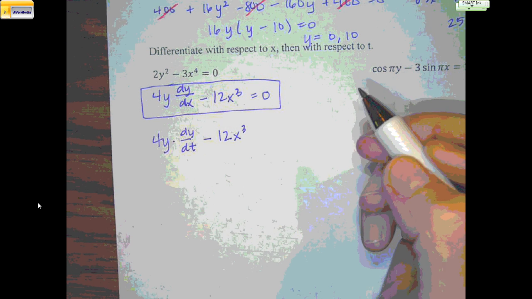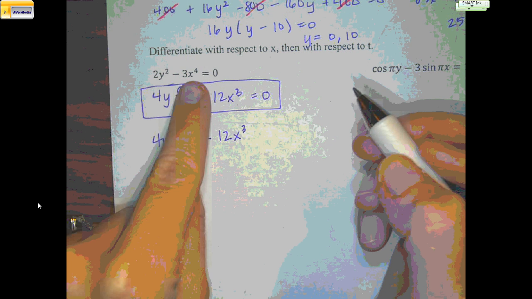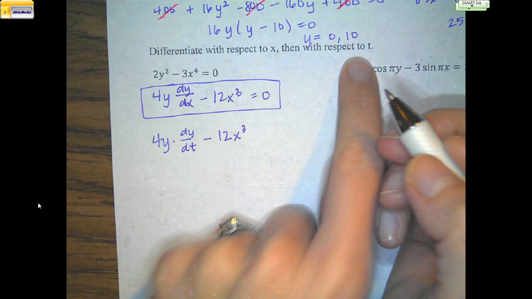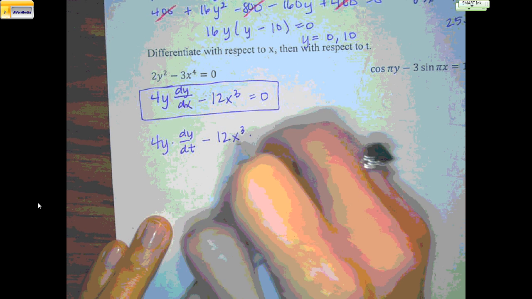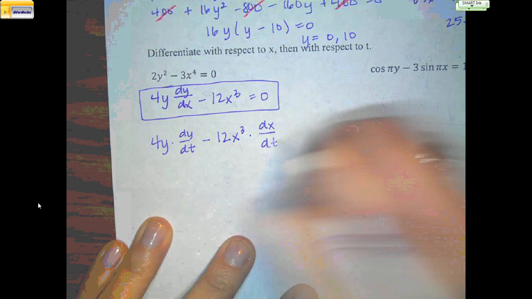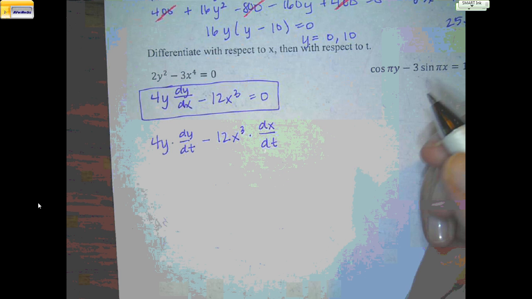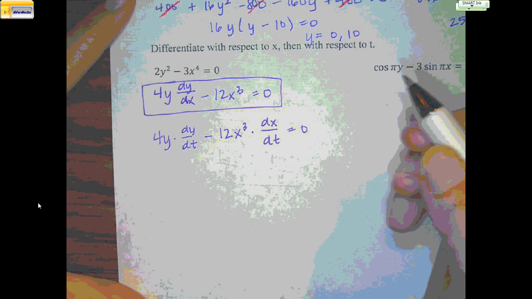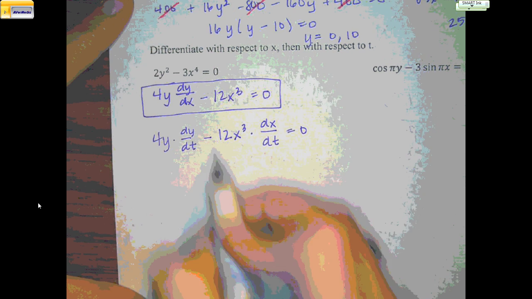This time I do have to write something. I do have to use chain rule on the x because we are differentiating with respect to t, not x. So the derivative of x would be the derivative of x with respect to t, so dx dt. And it still equals 0. And that's your answer there.